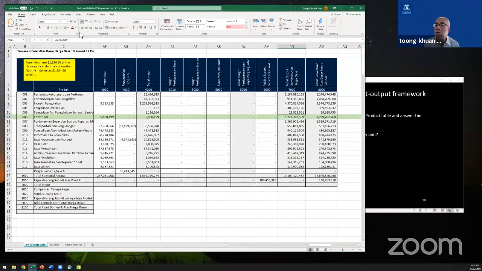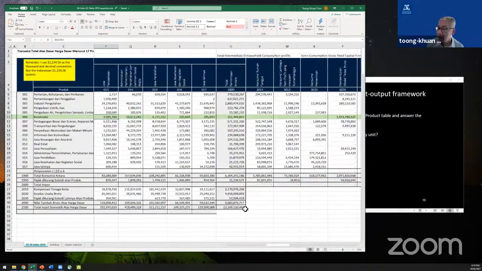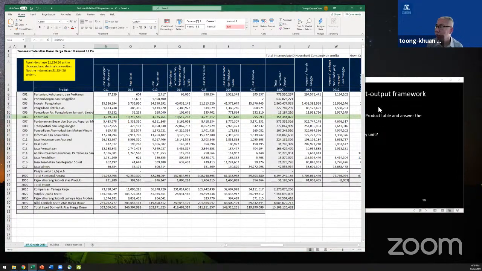Okay, so if you go to the cell AN11, that is also 1,724, because input must be equal to output. Okay, do you get this? Total output domestic atas harga dasar, so it's also 1,724. It is exactly the same as this 1,724 over here.